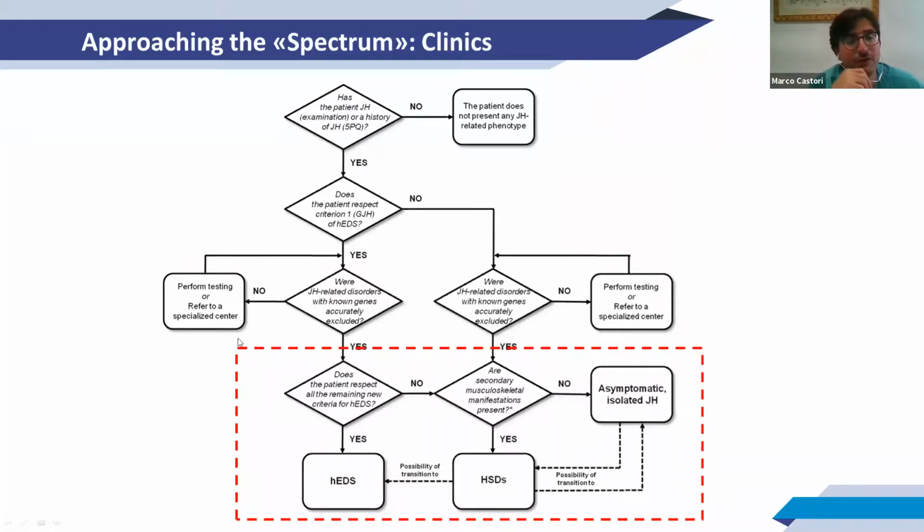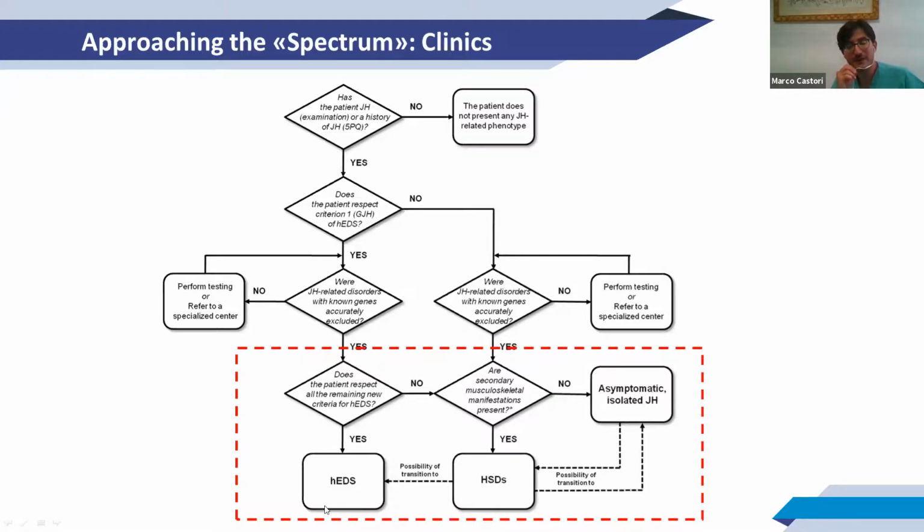And this slide also introduces another satellite concept, transitional phenotyping in the spectrum, because it's implicit in the spectrum that people can change the diagnosis, the phenotypical label, at least between asymptomatic joint hypermobility and hypermobility spectrum disorder in their life. A transition from hypermobility spectrum disorder to hypermobile EDS is accepted, especially because the current EDS criteria are not satisfactory for children.